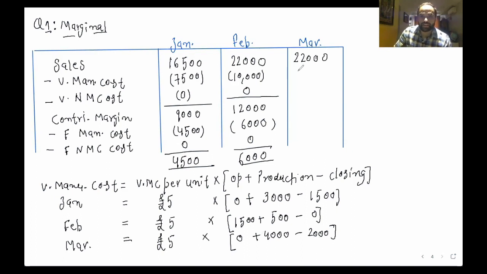2 multiplied by 5 is 10. Variable non-manufacturing cost is 0. So it's 12,000. Minus fixed manufacturing cost. How much is fixed manufacturing cost? 6,000.